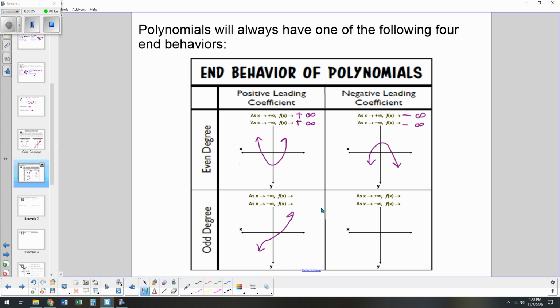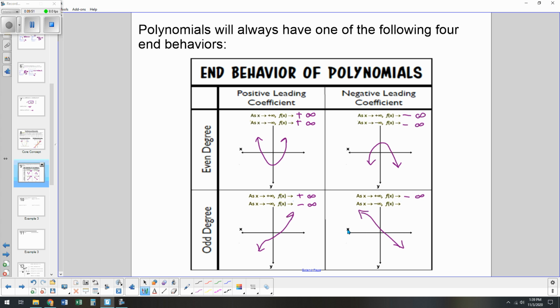Almost like a straight line, like our linear functions. So on the right side of the graph, as x is going to positive infinity, the arrow is going up to positive infinity. And on the left, as x is going to negative infinity, it's going down to negative infinity. And then for negative odd, it's going to be more like this. As x goes to positive infinity, the arrow is pointing down to negative infinity.